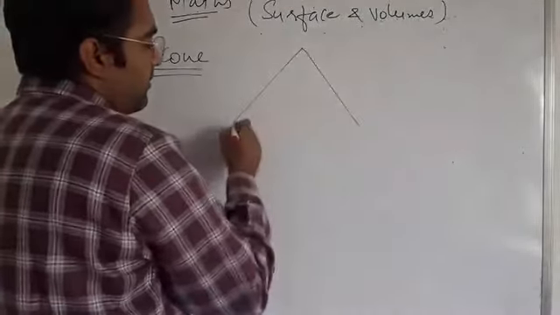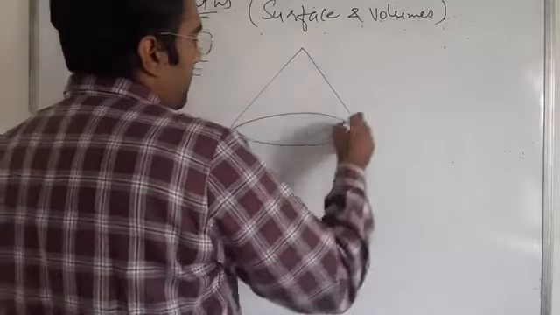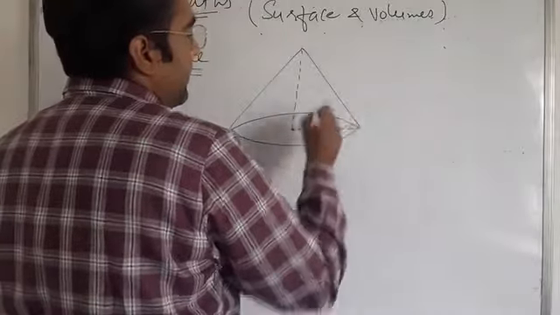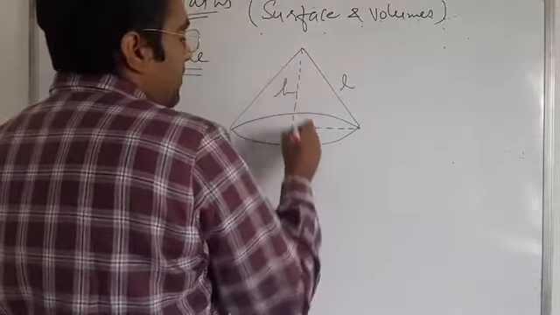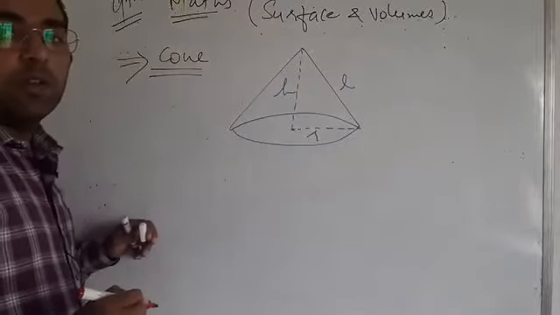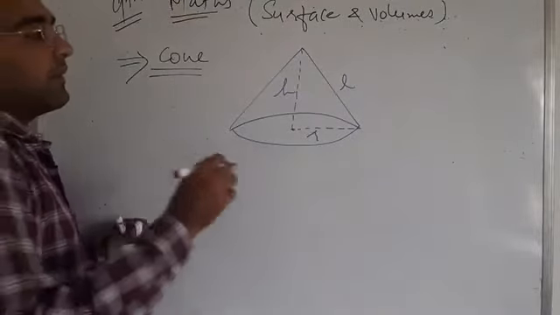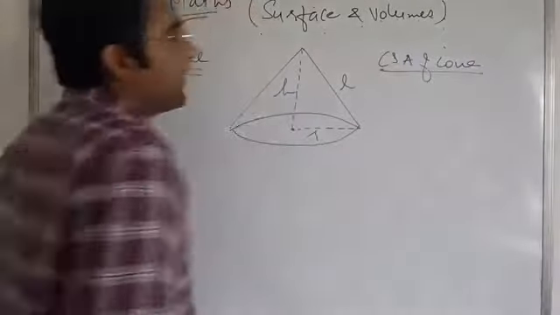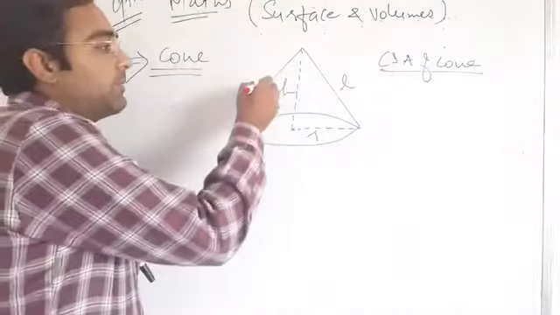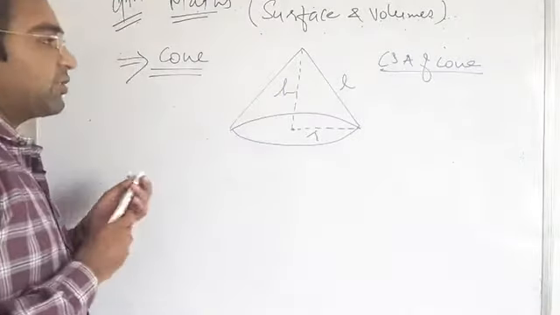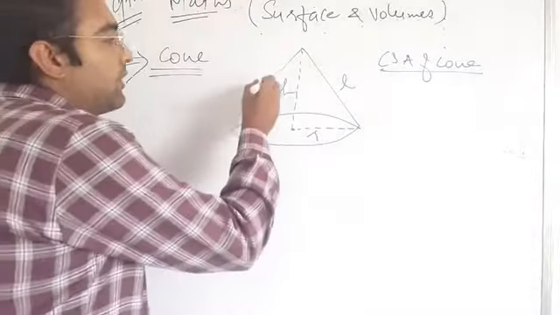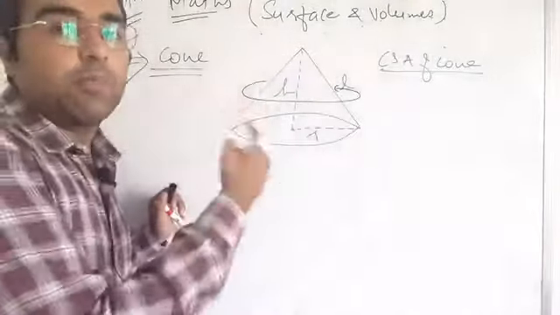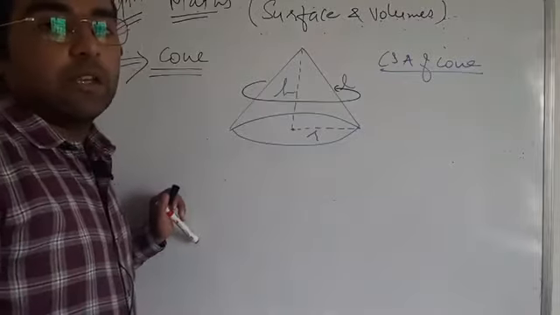This is my cone, and this is my height, this is my radius, and this is my slant height. Curved surface area of cone, curved surface means this part. I'll show it with the black marker. This curved, circular part is the curved surface area of the cone.